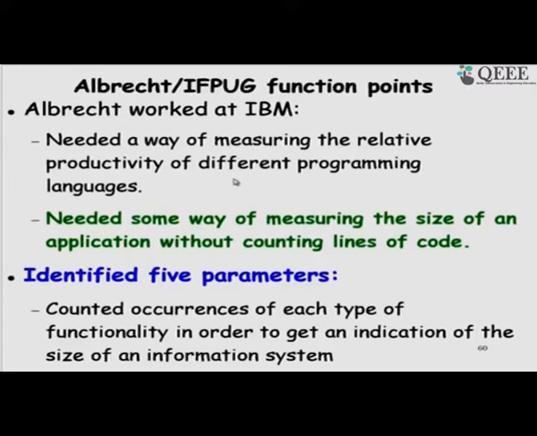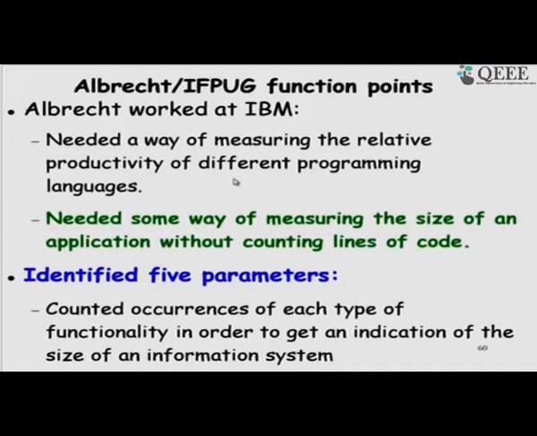One thing that was obvious to him is that there is a relation between the number of features or functions that the system supports, because each function has to be implemented.